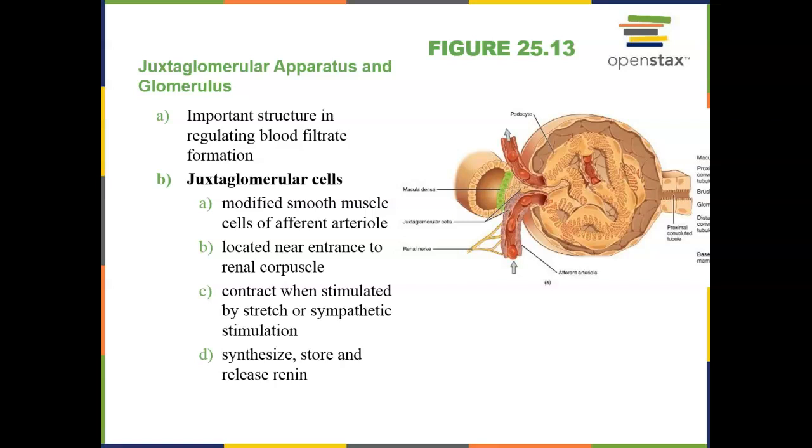And when they constrict, that's going to then decrease the amount of fluid released. It increases blood pressure and also stimulates the release of renin, which will also increase blood pressure. This is going to increase the amount of fluid in your body and decrease the plasma osmolarity. So if you have low plasma osmolarity, these cells are going to relax and more filtrate can be produced.